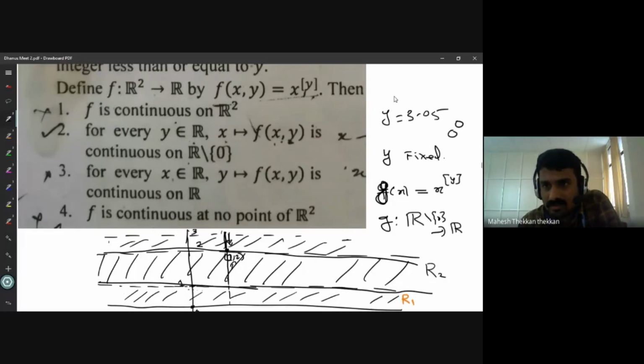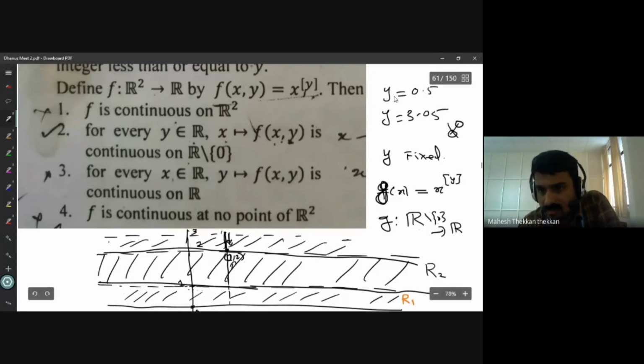Suppose I take y equal to 0.5 and x equal to 0, then 0 power 0 will come. That is not defined, and I don't want this kind of thing. For that, I am taking the domain from R minus 0 to R. That is the reason I have taken R minus 0 as the domain. Do you understand?